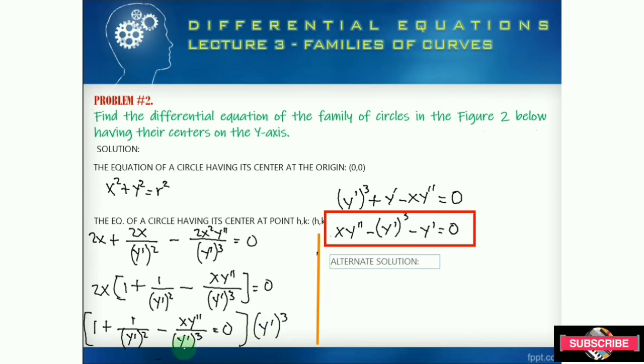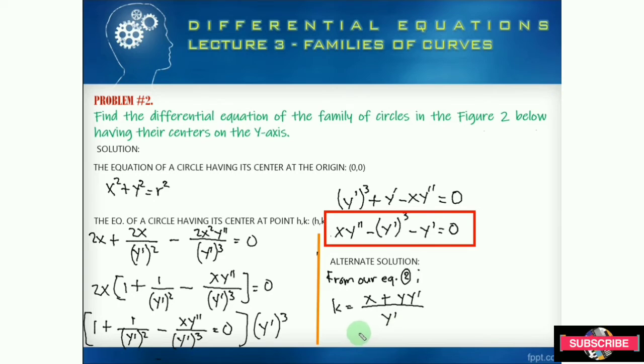So from our equation number 2, if you can still remember, we have this formula for our k, which is equal to x plus y, and then we have this y prime all over this y prime.